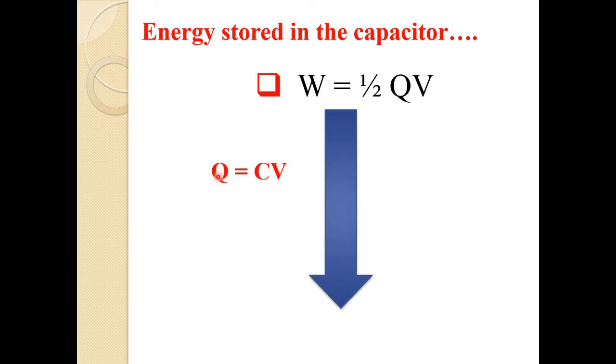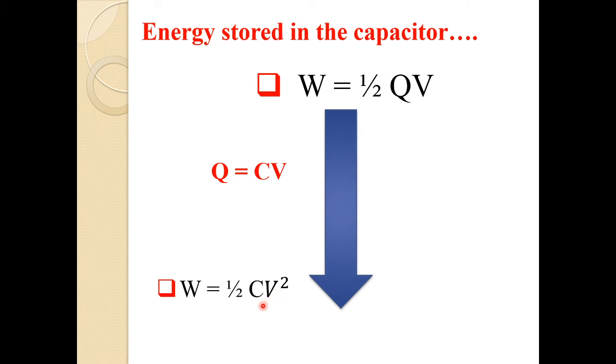If we substitute the Q from the CV relationship, we get half CV into V, so it becomes half CV squared. Now the two equations are there for the energy stored in the capacitor: W equals half CV squared, or half QV.